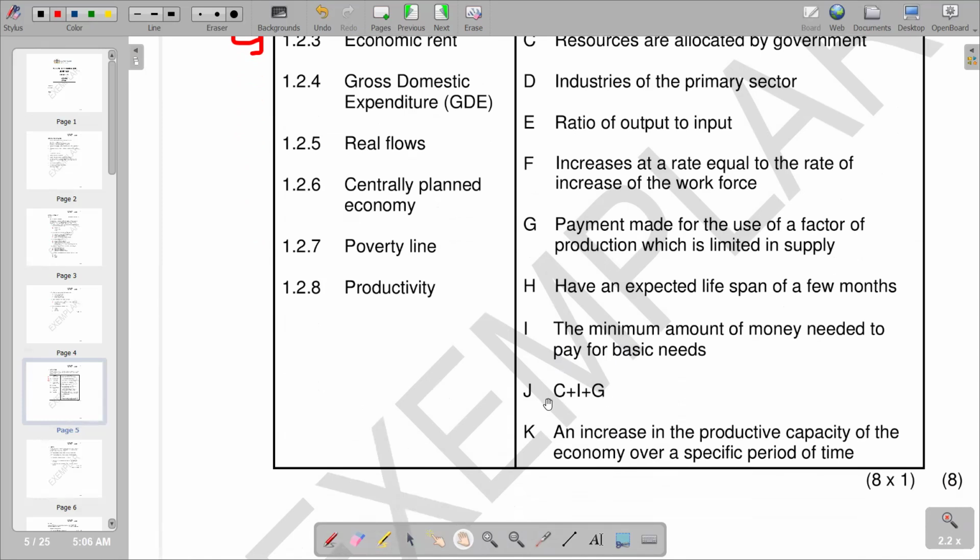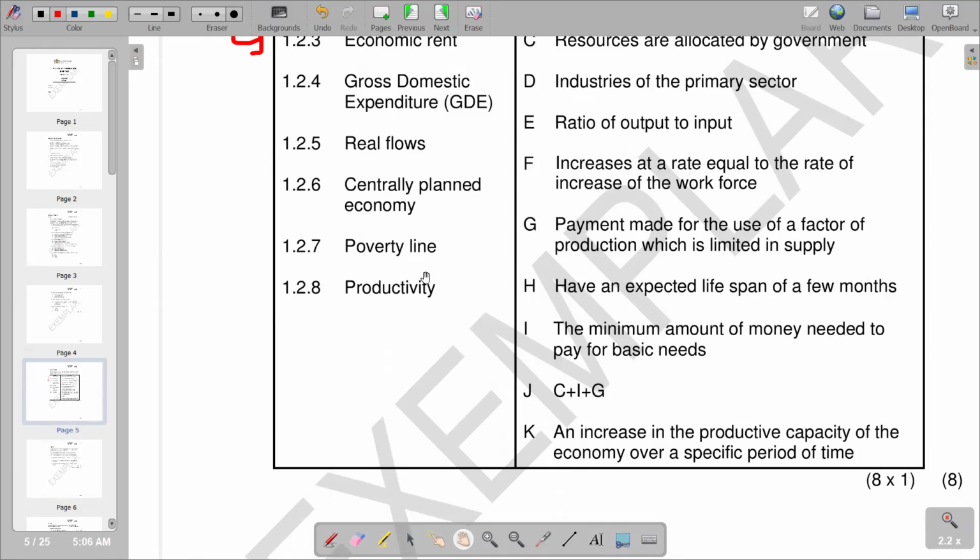The difference between gross domestic expenditure and gross domestic product is that gross domestic expenditure measures the total expenditure on goods and services, whereas GDP measures the total production of goods and services.